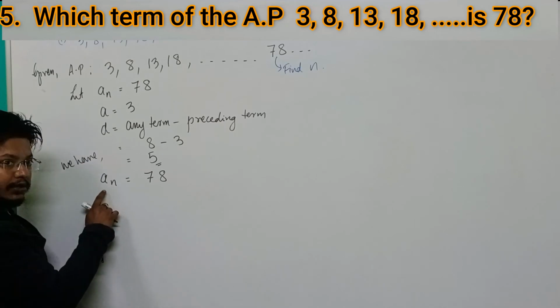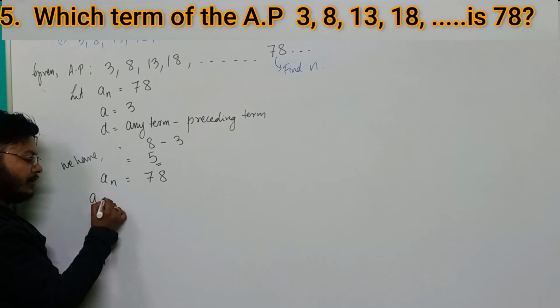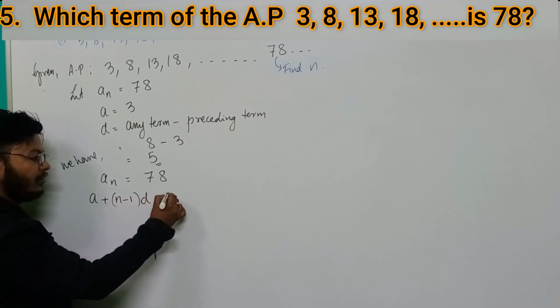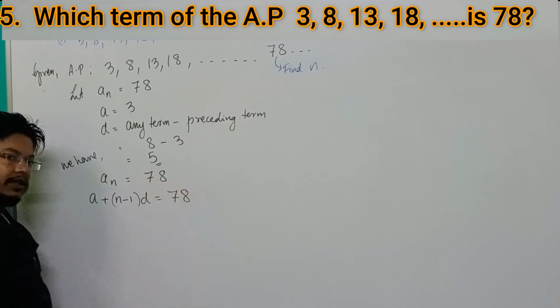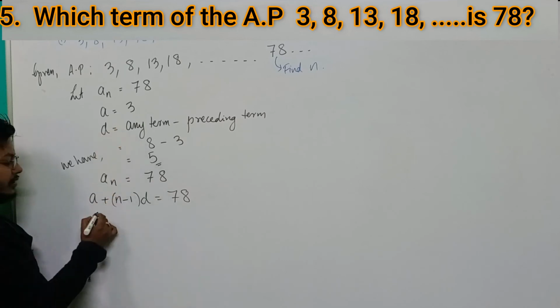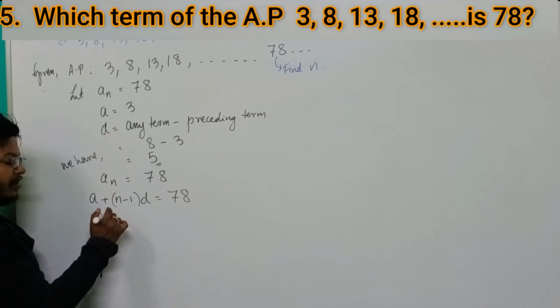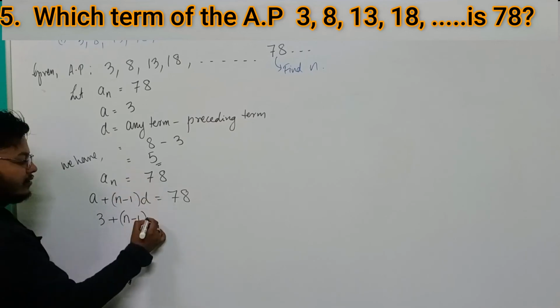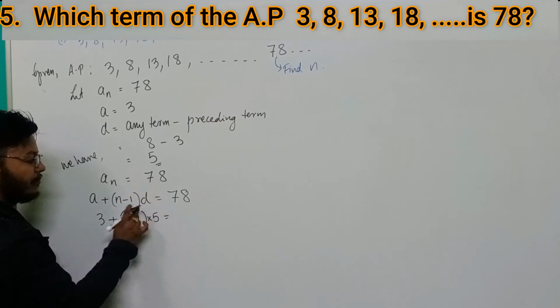So what is the formula for An? a plus n minus 1 d is equal to 78. Now just put the values. What is the value of a? It's 3 plus n, I don't know n, so I'll write n only, n minus 1. What is the value of d? d is my 5. Bracket means multiply.